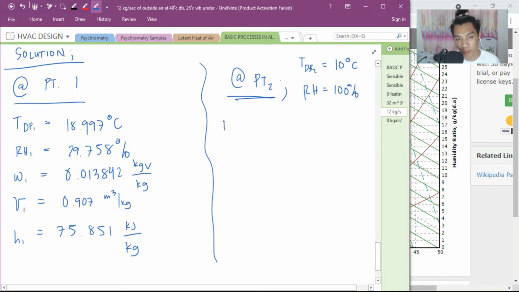Hanapin natin yung dew point, yung wet bulb. This is 2, this is 2. W2, specific volume 2. And then H2.